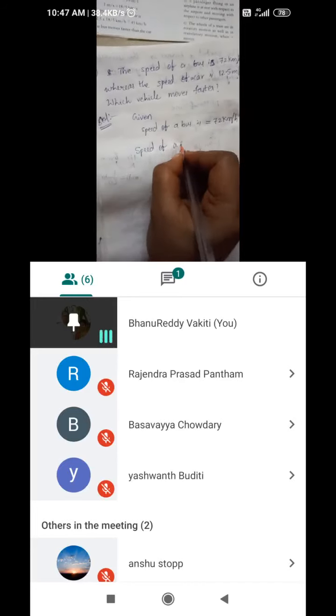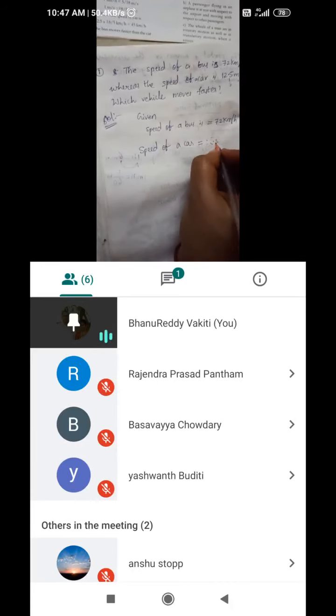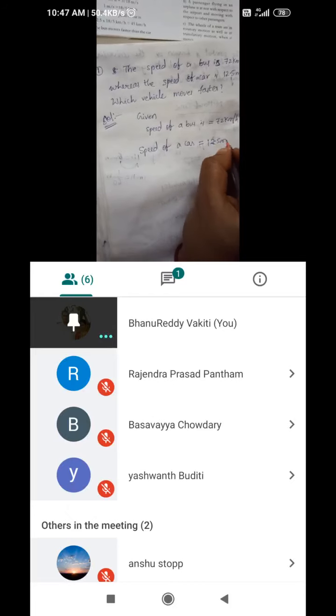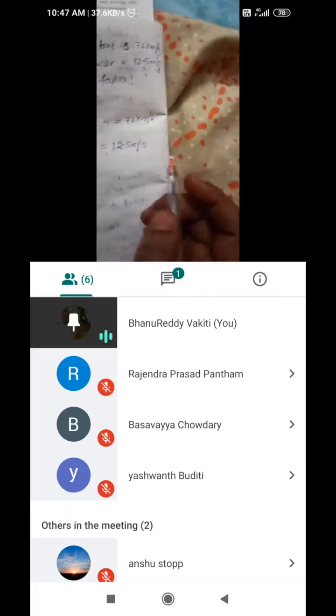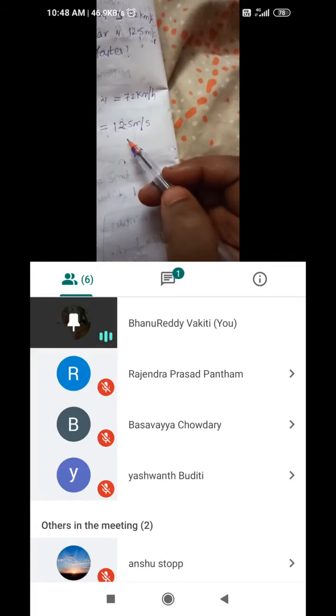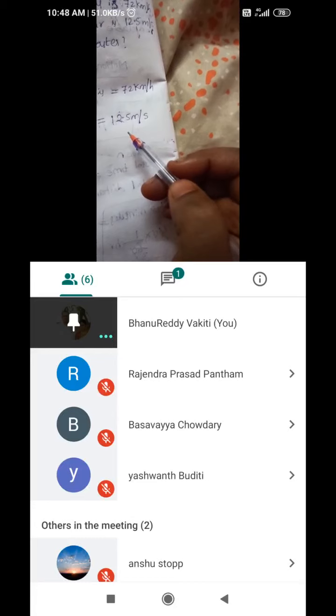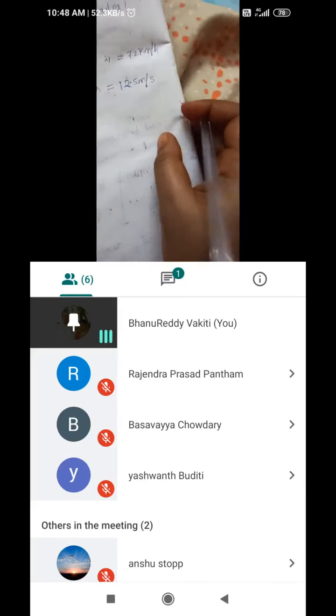Next, speed of a car is equal to 12.5 meters per second. Here this is in kilometers per hour, and this is in meters per second. First, we need to convert these to kilometers per hour. Yesterday we have discussed that.